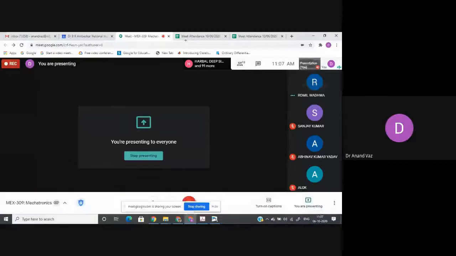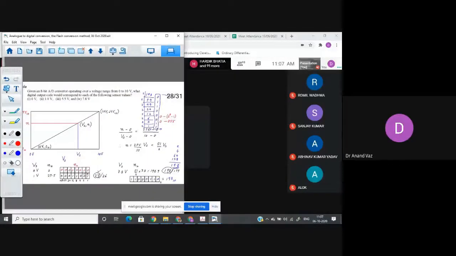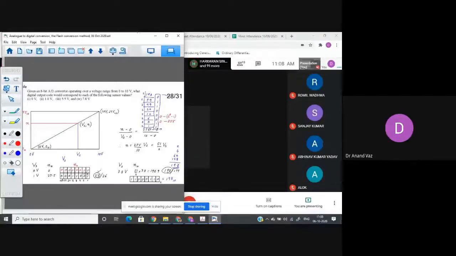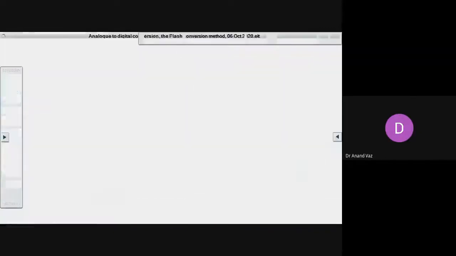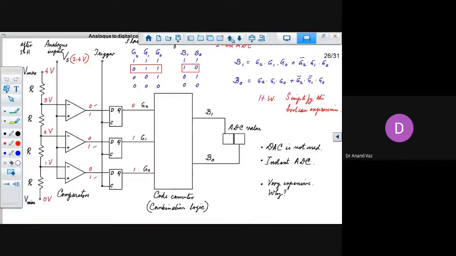It is a linear relationship because, you see, if you see what you are doing here, you are going from 0 to 4.